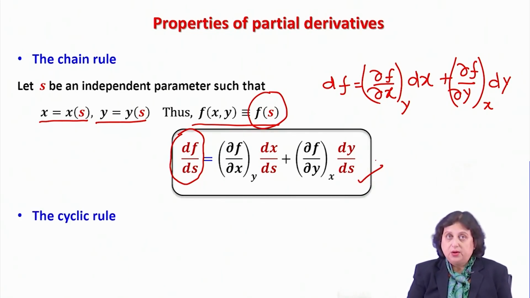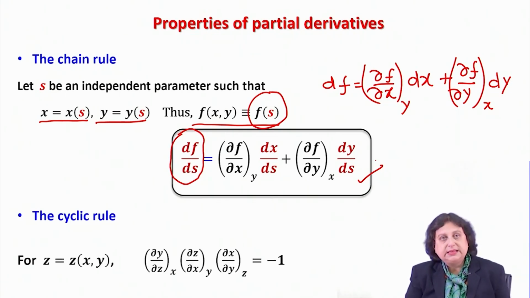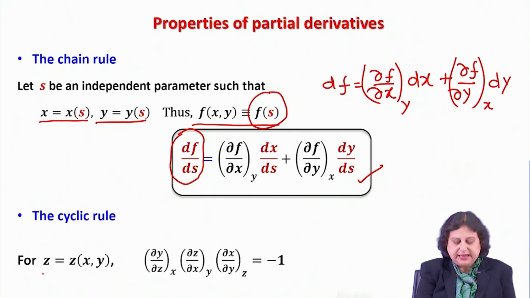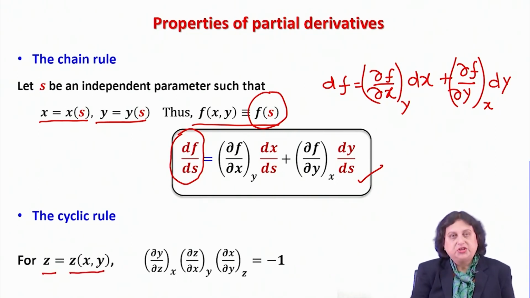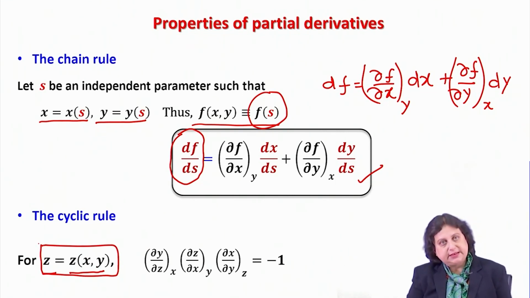Now there is something called a cyclic rule. And what is that? Let us say that I have a function z which is a function of x and y. So this mathematically means that there is a functional relationship between the three variables x, y and z.